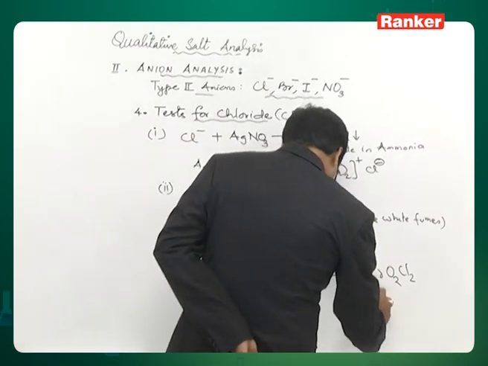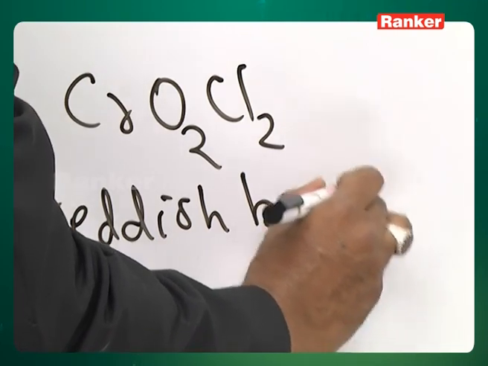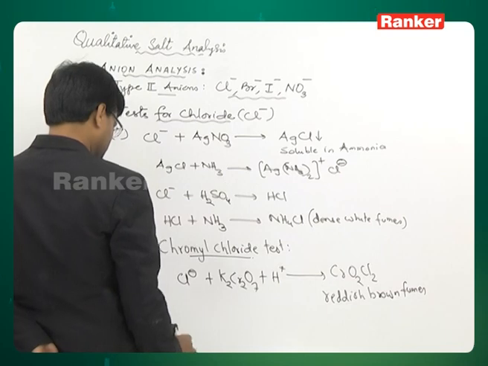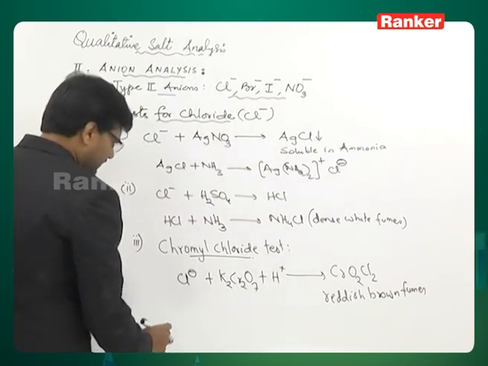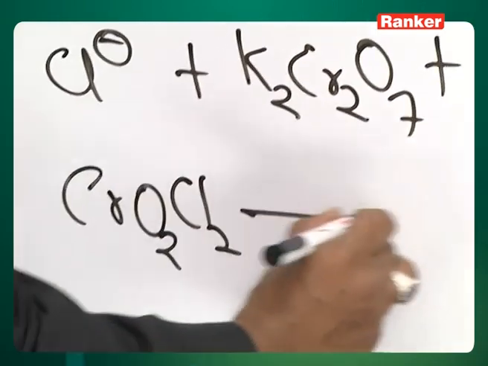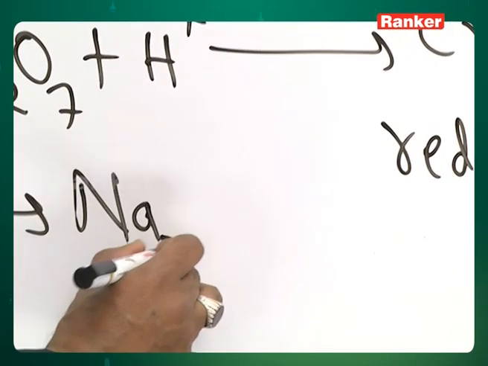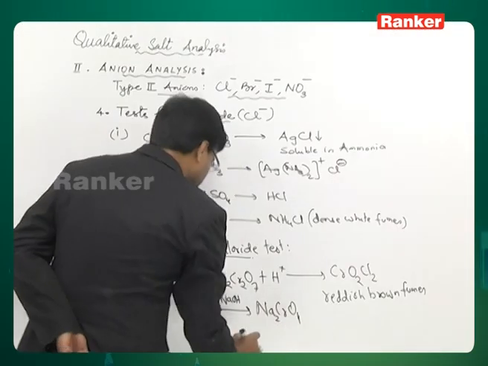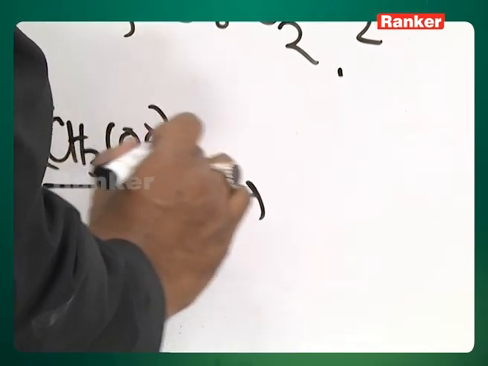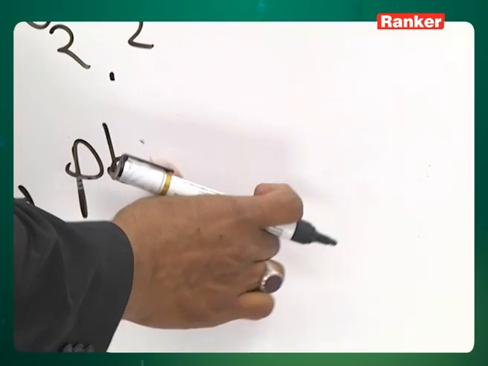These are reddish brown fumes. The fumes are then dissolved in sodium hydroxide. You get Na2CrO4. Then add lead acetate. You get a yellow precipitate of lead chromate.